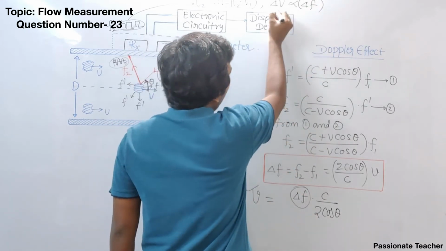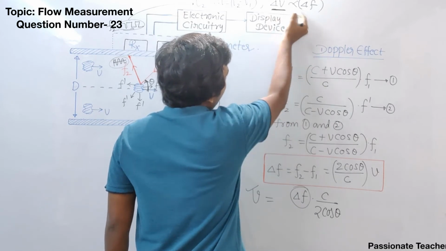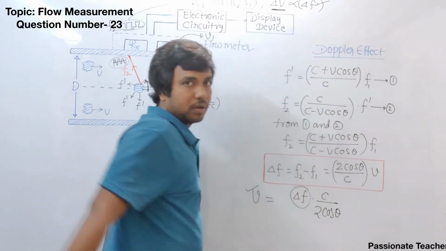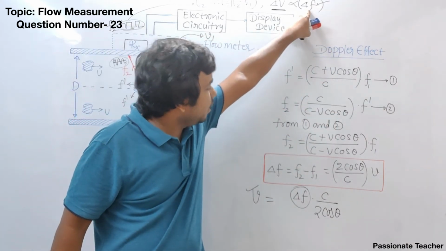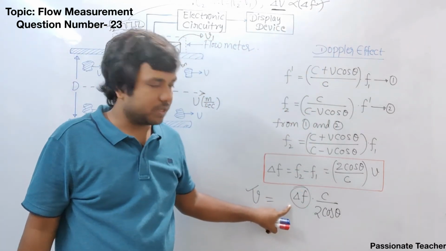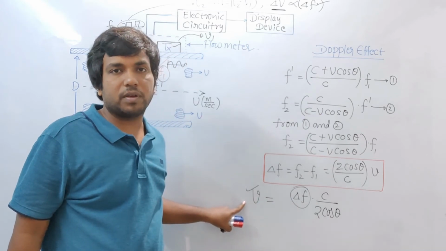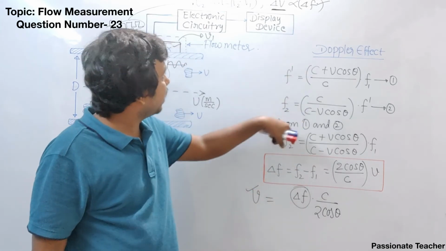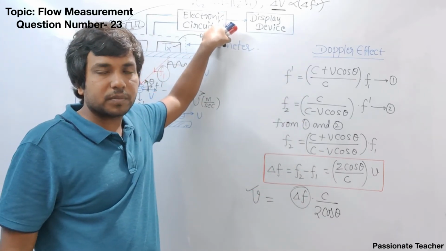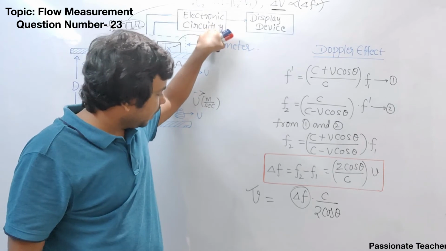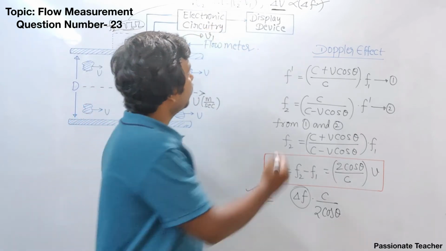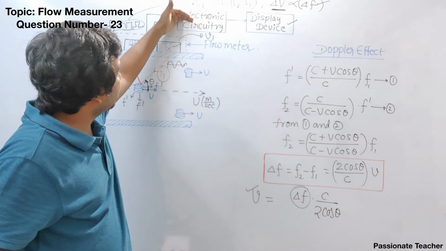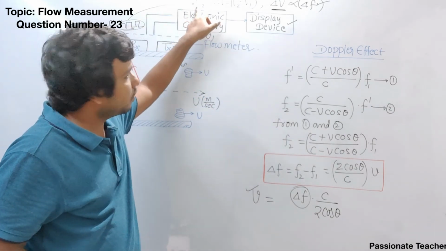So once we calculate the difference in voltage, by dividing with the proper constant, we will be able to find delta F. And that delta F will be used in this particular expression to find the velocity of the fluid. All these calculations will be done by electronic circuits or simple processors. At the end, the velocity of the fluid will be indicated on a display device. Clear? In the electronic circuitry, a frequency to voltage converter will be used.